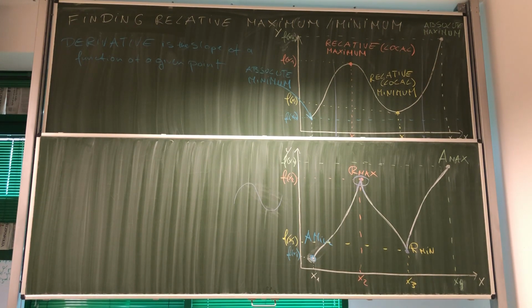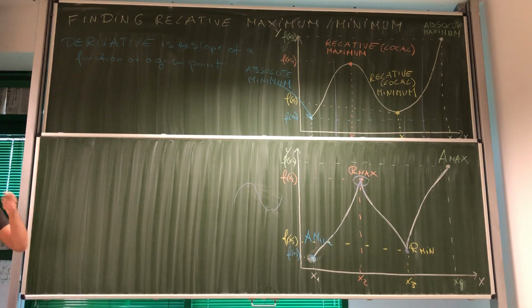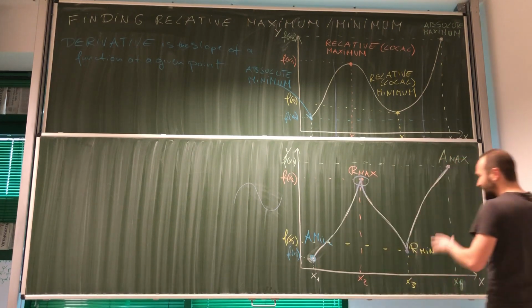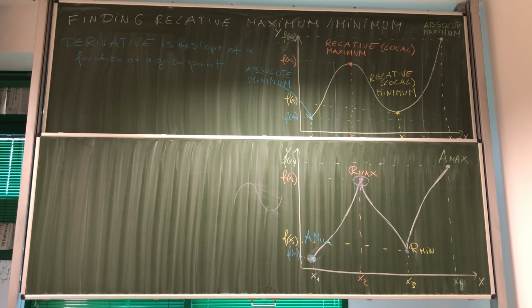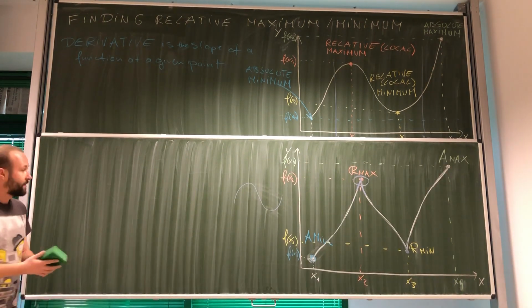So as long as the function is continuous and doesn't have any sharp edges, which is the case with most of the functions we are dealing with, there is no problem in using differential calculus in order to find relative maximum or relative minimum.